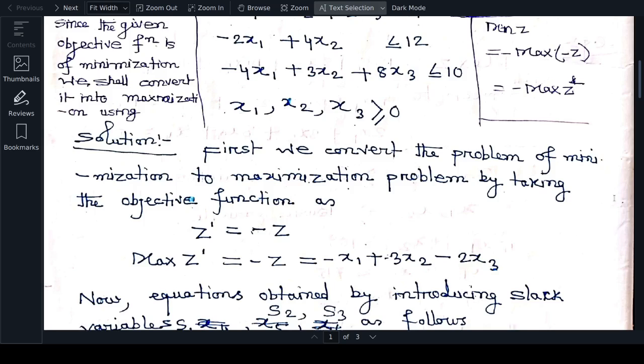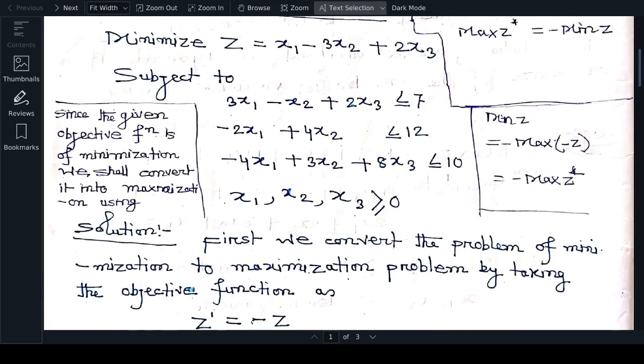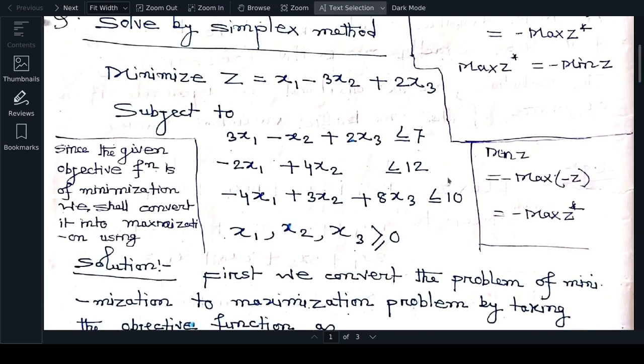This is the shortcut you will remember. What is the value of min z, meaning minimize z? x1 minus 3x2 plus 2x3.